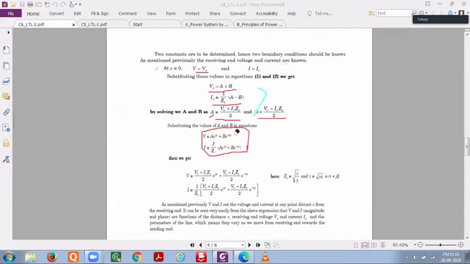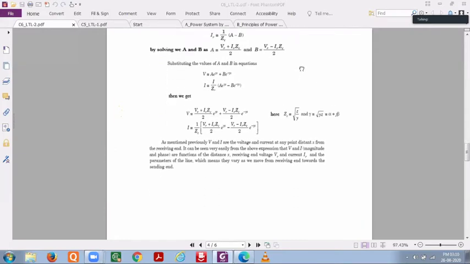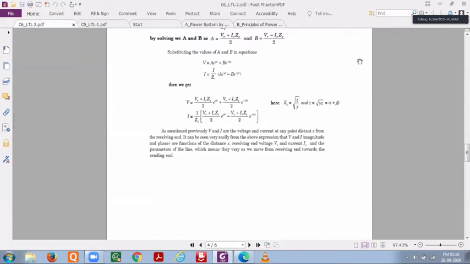So here, yes, I am erasing these marks so that it will fit in the next slide. So now, after substituting, this A value I'm substituting, this is A, this is e power gamma X, this is B, which is nothing but 1 by 2 (VR minus IR ZC), e power minus gamma X. Similarly, current, what is current? 1 by ZC into the same terms, but A and B are subtracted.